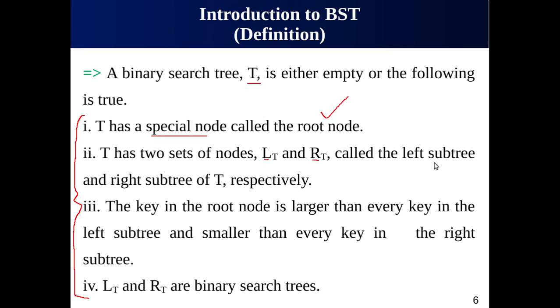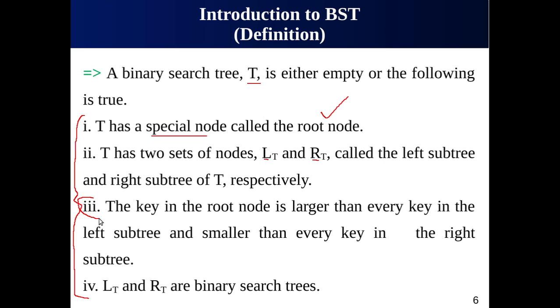Or you can say they are the left subtree and right subtree of this special root node. So the first property is that there must be a root node, and the second property is that it has two sets of nodes or subtrees represented by L and R respectively.